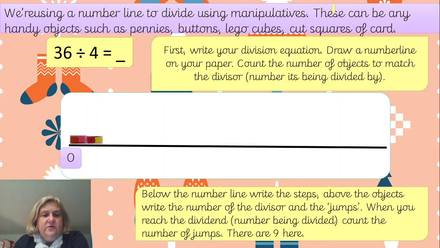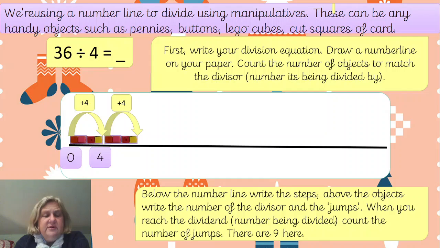You could use anything really, so that you can put them down individually. In this case we've used blocks. So we've got a 0 on the number line, and we're going to jump up in 4s. So we're going to add 4 to reach 4 on the number line. Then another group of 4.